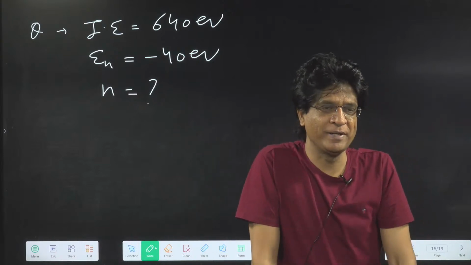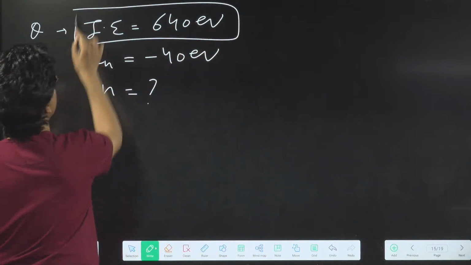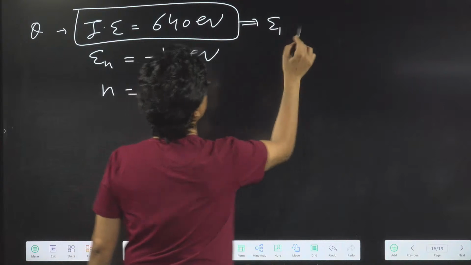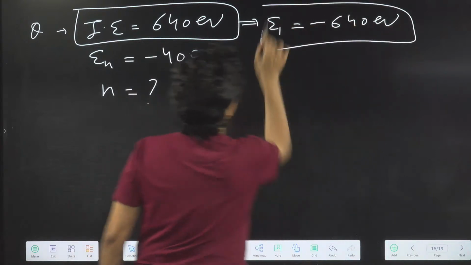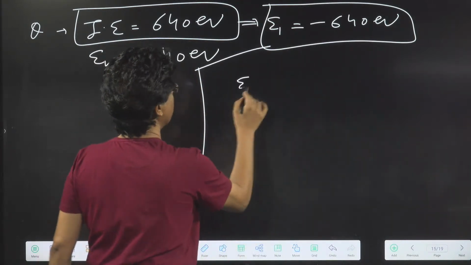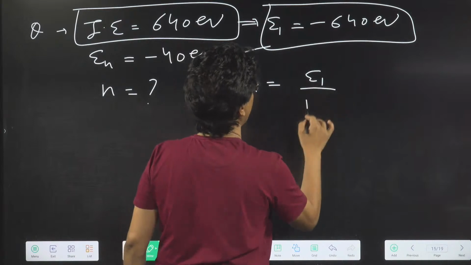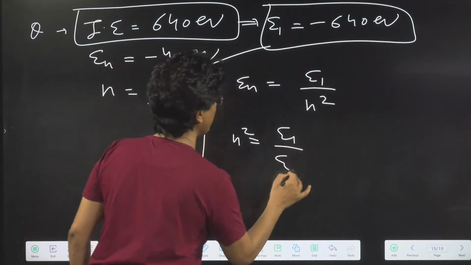Yes, Zamir, correct. Very good. So I believe from IE, I can find out E1. E1 will be minus of 640 electron volt. Right? And once I know E1, I can find out En also. En will be equal to E1 upon N square. Or you can say N square will be E1 upon En.